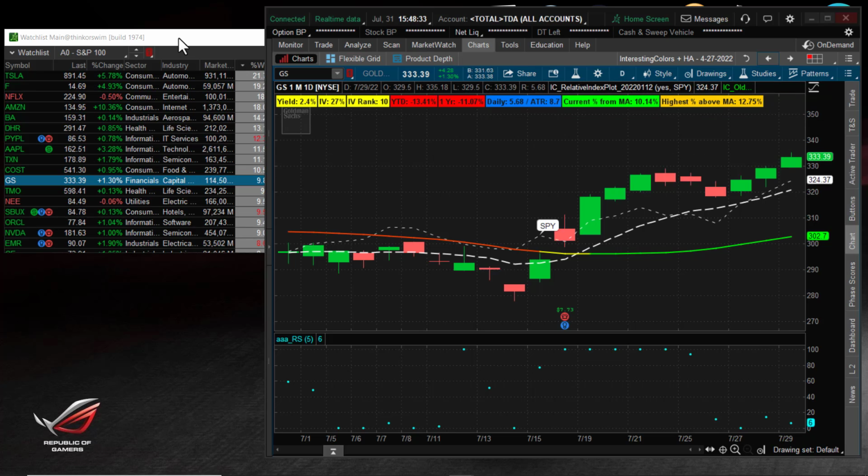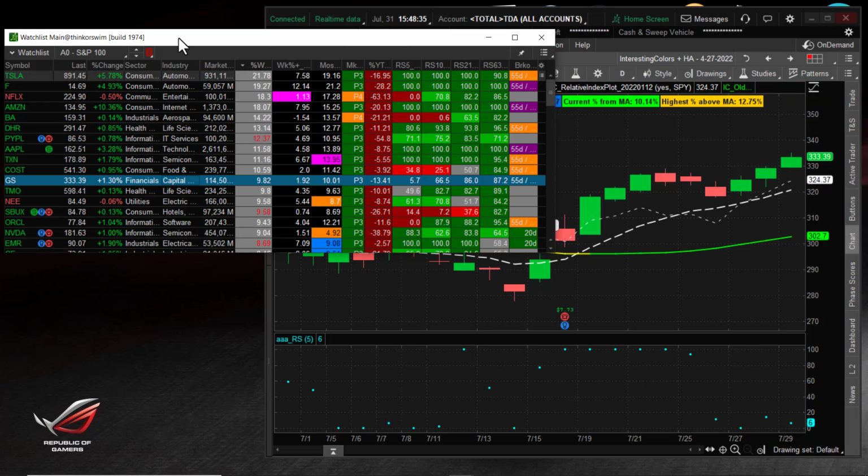So if you look on the watch list, you can see this is for 5 bars and 10 bars and 21 bars and 63 bars. And the percentile, the number that's shown in here, is really a rank or a percentile of where the current price is, how it's been performing in comparison to the SPX index.